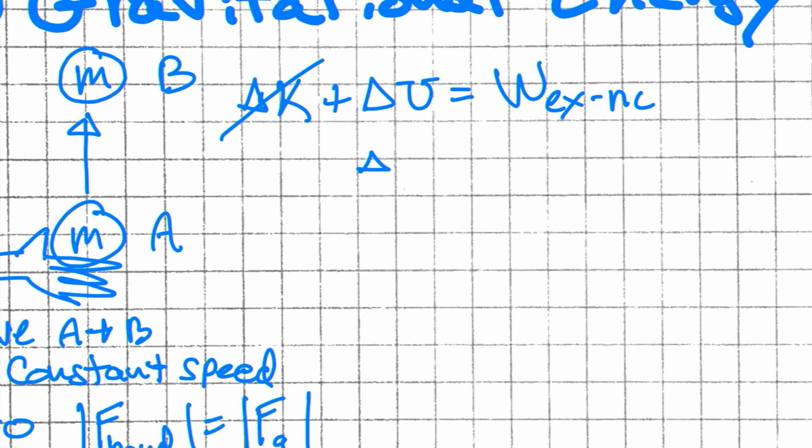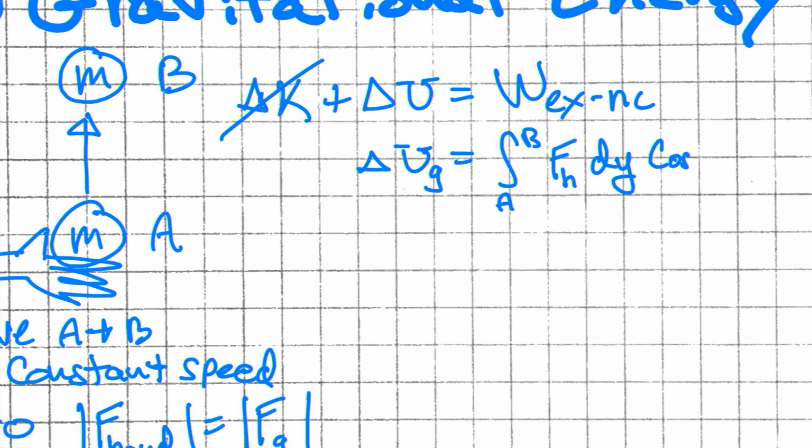We're going to get delta U, gravitational energy, and the work from an external or non-conservative force here is the integral from A to B of the force of the hand, because that's the non-conservative force. It's an applied force. Times dy, because we're moving vertically.